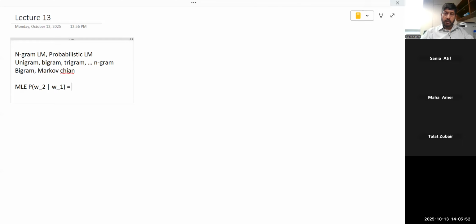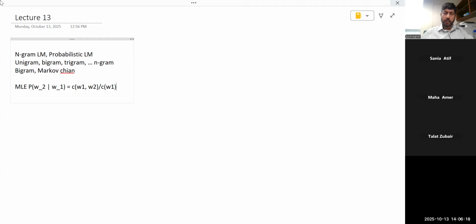We said that the maximum likelihood estimate of this is simply the count of W1 followed by W2, the co-occurrence of these two words, divided by the count of the context, which is W1. So this is the maximum likelihood estimate.